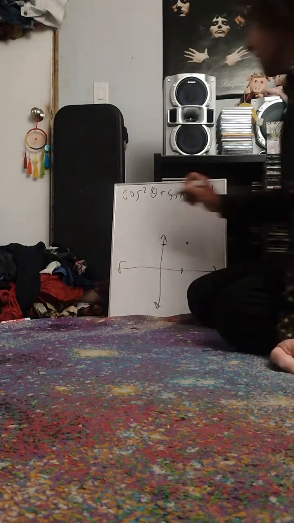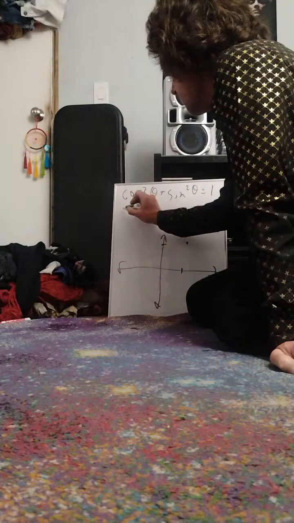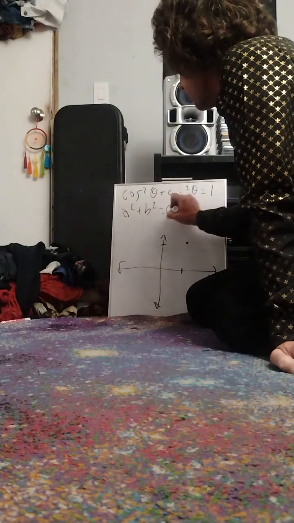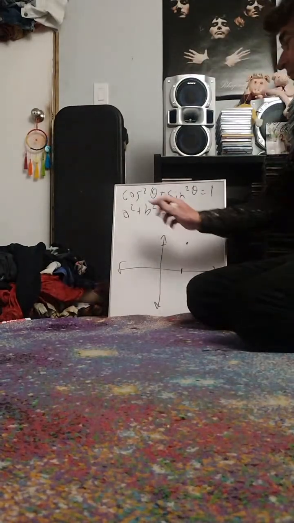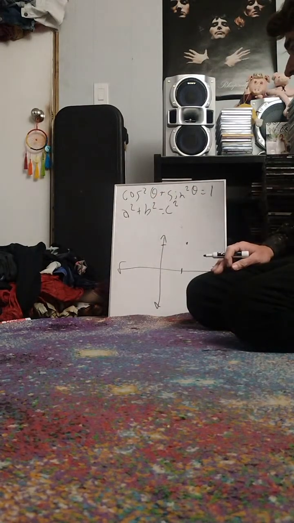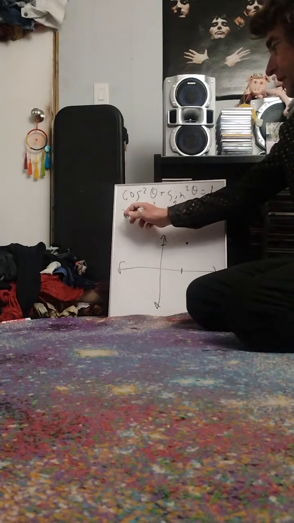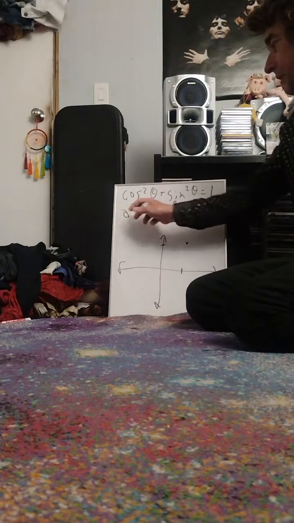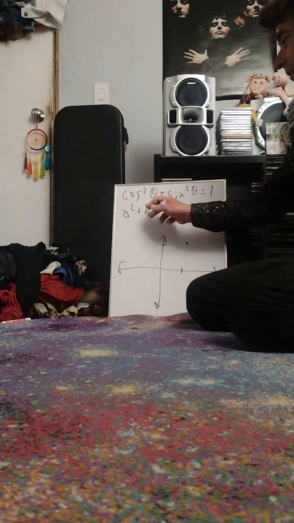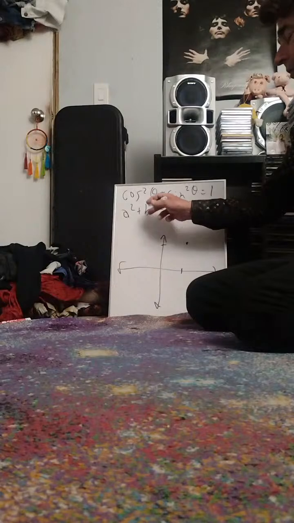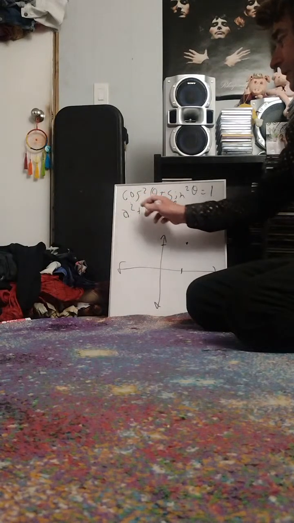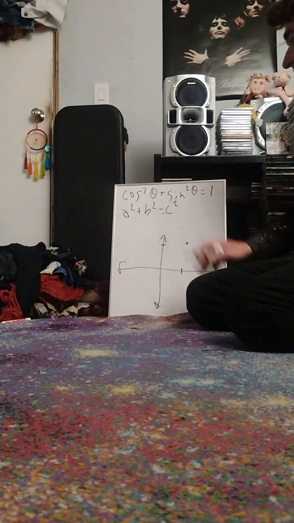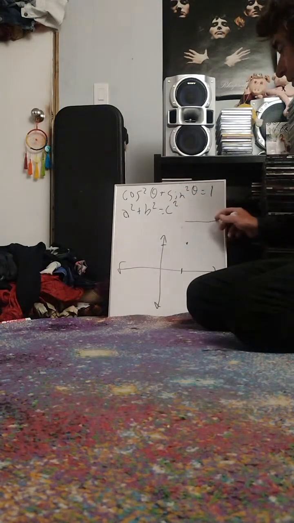But you also have the Pythagorean theorem that says for any right triangle, a squared plus b squared equals c squared. That is, one side of a right triangle squared plus the other side squared is equal to the hypotenuse squared, the side that is opposite the right angle.